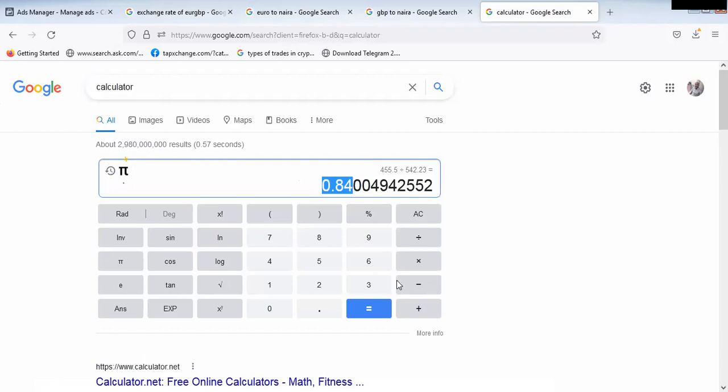Now, how can you know when to buy and when to sell in the forex market? Let's go. For Euro GBP, the exchange rate is 0.84.